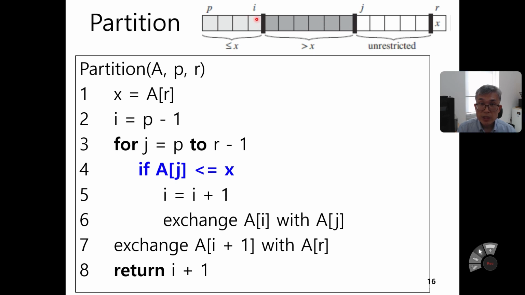If this value is less than or equal, this value and this value can be swapped, okay? And then this one is moving here, and the I index is here. So the I index is increased by 1.